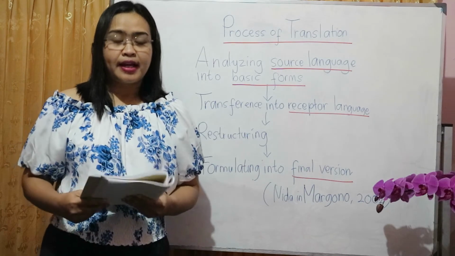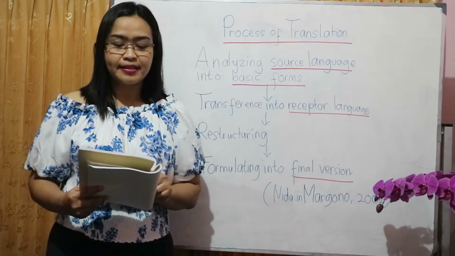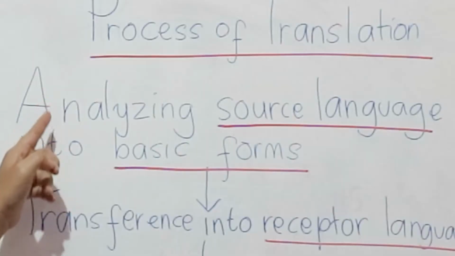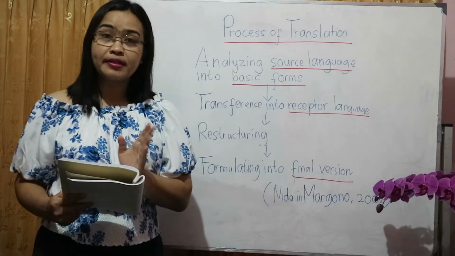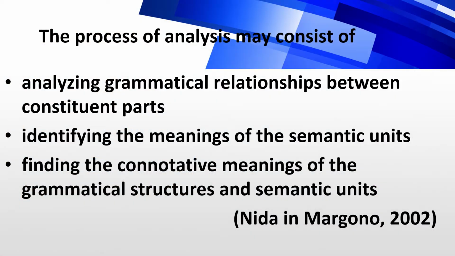The process of analysis, the first step, analyzing source language into basic forms, may consist of, number 1, analyzing grammatical relationship between constituent parts. The second one, identifying the meaning of the semantic units. And the third one, finding the connotative meanings of the grammatical structures and semantic unit.